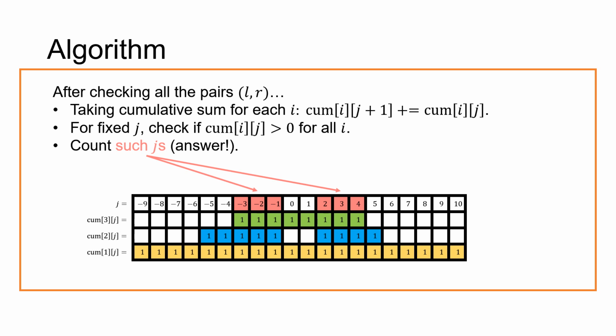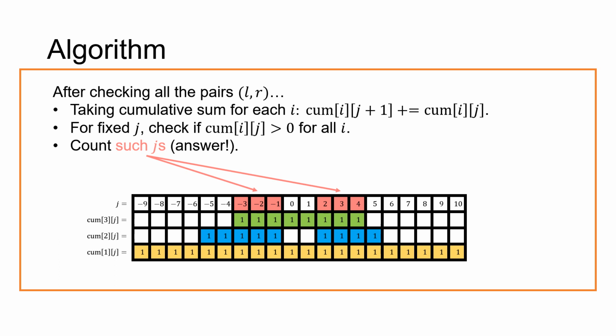For each j, we should check if cnt[i][j] is greater than 0 for all i, because that cnt[i][j] is positive means that it has at least one cover of intervals. In the diagram of cnt, we can check it by looking at the diagram vertically. Finally, the number of such j's is the answer to the problem.